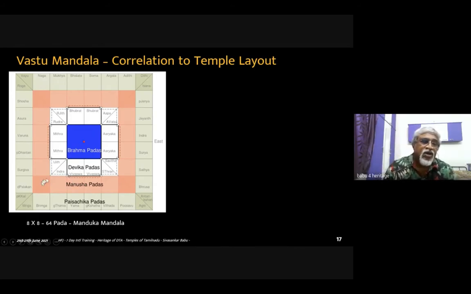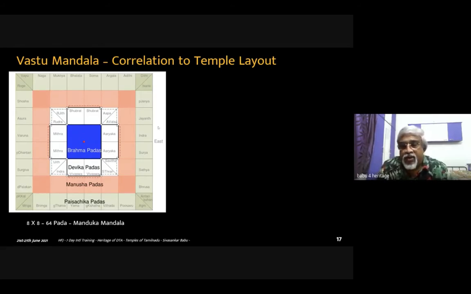The next ring is for Manusha Pada, where you can do circumambulation and other things. And the outer ones are Paisashika Pada. So normally no temple is structured there and humans are not there. So normally this will be like a wall or a mandapa and others. So this is how they visualize and align the temple based on the Vastu Mandala.